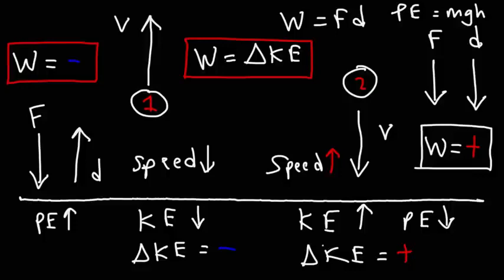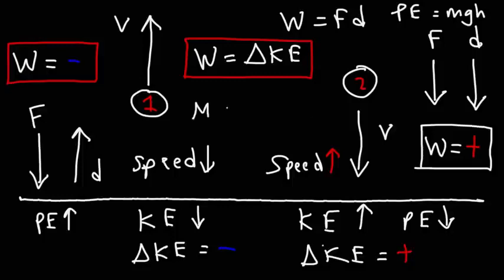Now, these two are usually, not always, but usually inversely related. When one goes up, the other goes down. In the case of ball 1, as ball 1 goes up, its kinetic energy is being converted to potential energy. The kinetic energy is decreasing, the potential energy is increasing. In the case of ball 2, the potential energy is being converted into kinetic energy. As it falls, it's losing potential energy, but it's speeding up, it's gaining kinetic energy.